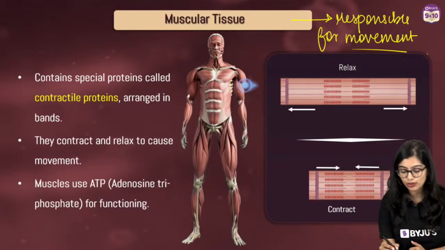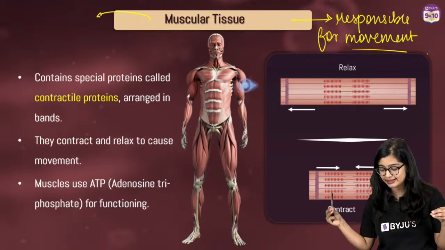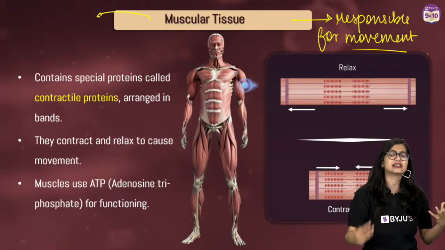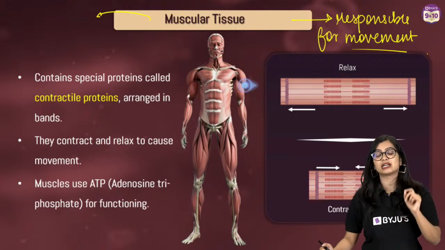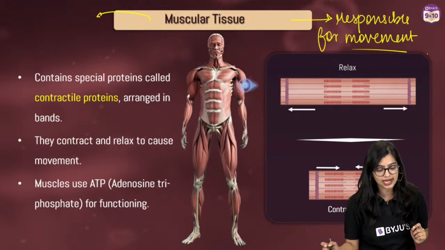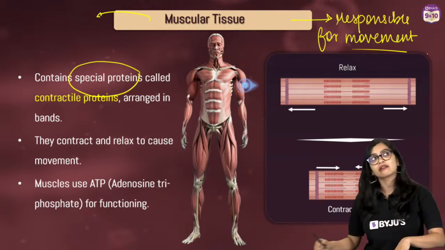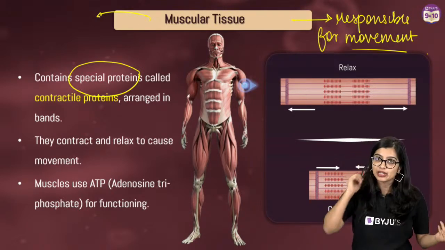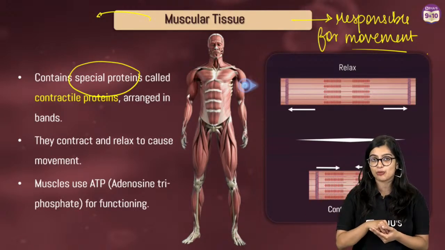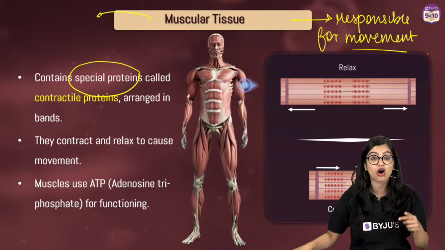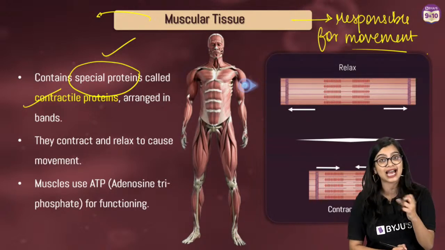Now if you look at it structurally, muscular tissue is made up of normally elongated cells, which we call muscle fibers or muscle cells. These muscle cells have some special proteins inside them. It's not like the muscle cells are just able to move and the other cells in our body choose not to move. The muscle cells are able to move because of these proteins, which we call contractile proteins.